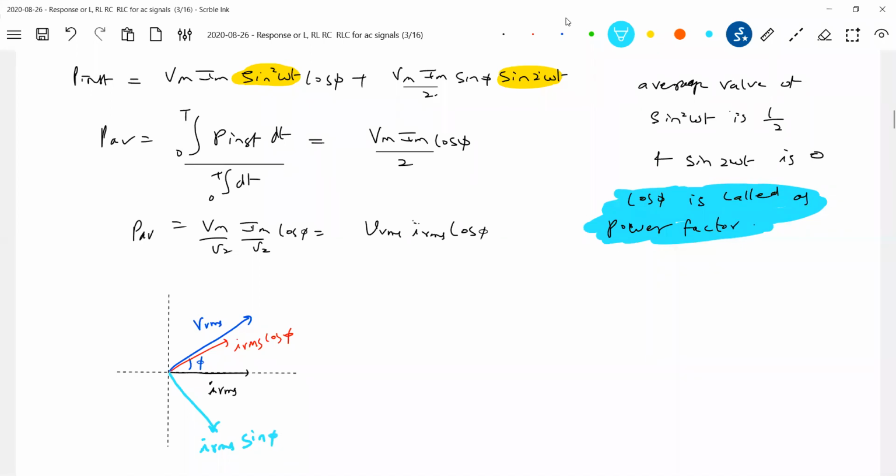Which component of current is actually responsible for the power dissipation? IRMS cos phi. What about IRMS sin phi? It will not dissipate power. So this is called a Wattless current. This particular current, I'll call it Wattless current.